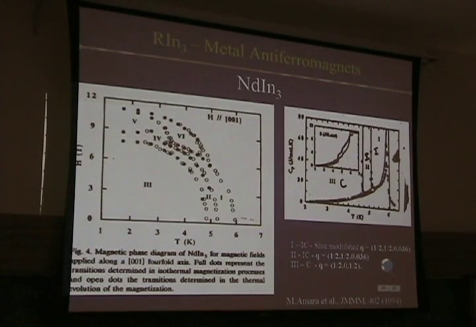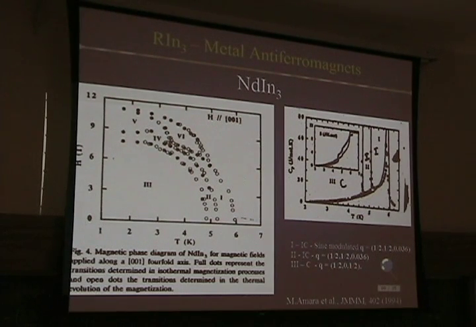Okay, you go to neodymium 115. You have an antiferromagnet, but it's a very complicated magnetic phase diagram. So even at zero field, you have three magnetic phases that are described here by this magnetic wave vector. And only at very low temperature you reach a commensurate, more standard magnetic structure.